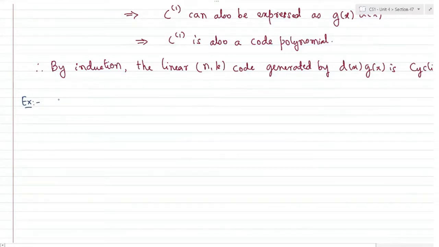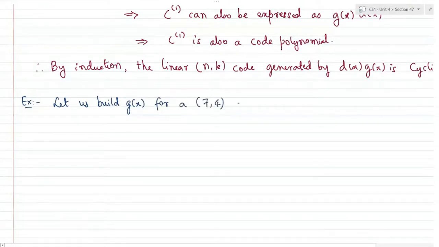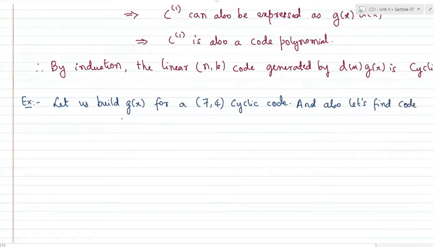Let us build g of x for a (7, 4) cyclic code, I'll take n as 7 and k as 4, and let's also find the code vectors, similarly to what we had done for linear block codes. I can say simply, codewords.